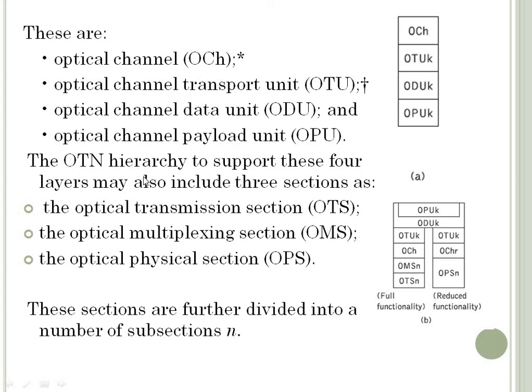The OTN hierarchy to support these 4 layers may also include 3 sections as the optical transmission section, the optical multiplexing section and the optical physical section. So it is shown here in this figure. Optical transmission section, optical multiplexing section and optical physical section.